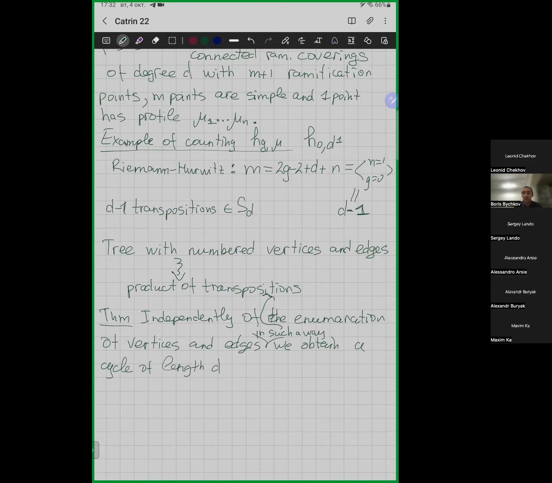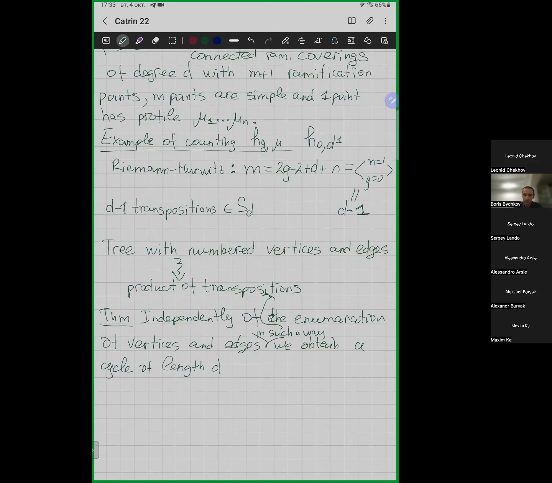And so there is a bijection between our decompositions, which we want to count, and the trees with numbered vertices and edges.